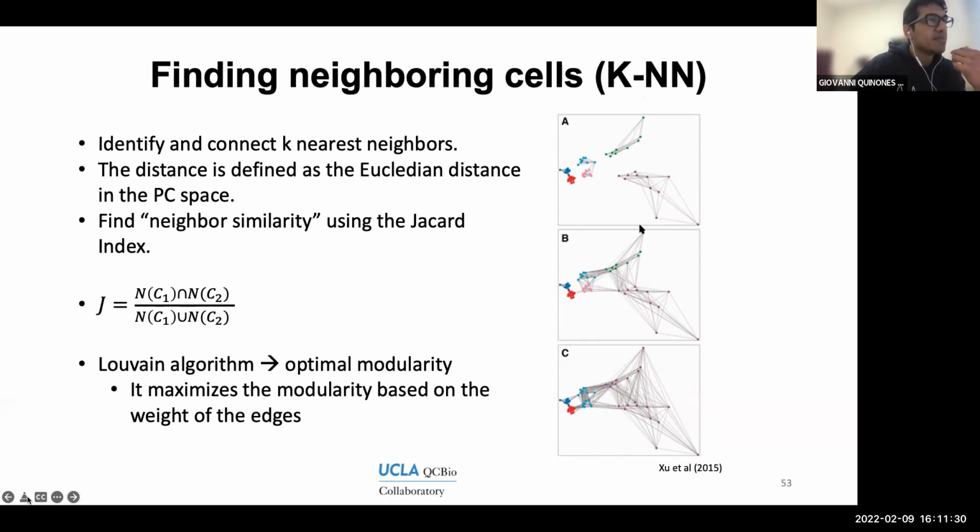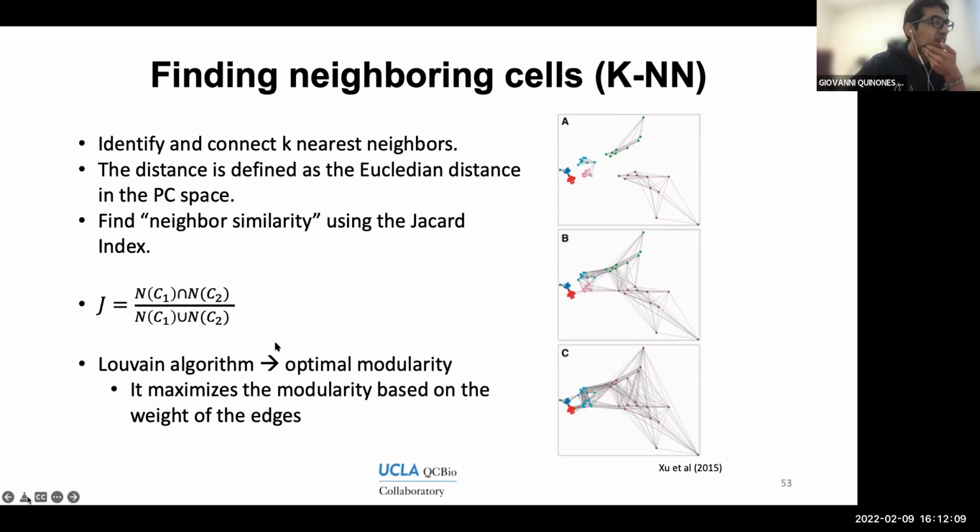The next step is that all these edges that you just generated, you don't want all of them to weigh the same. You want to make some edges more important than others. How do you do that? You assign a weight to every edge based on the Jaccard index. The Jaccard index is defined as the intersection between two sets divided by the union, or the magnitude of the intersection divided by the magnitude of the union.